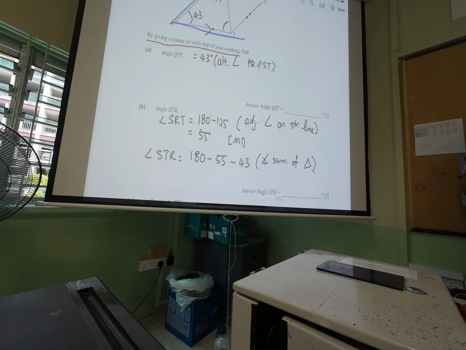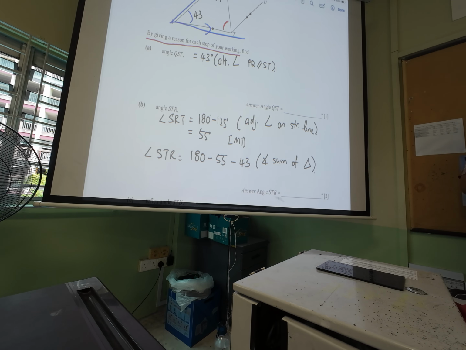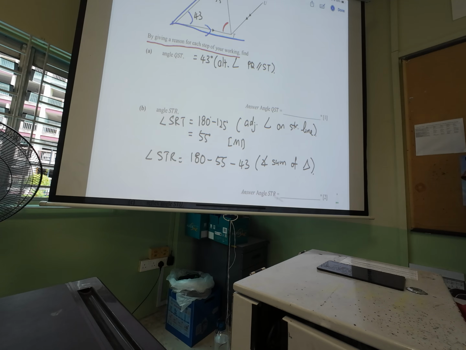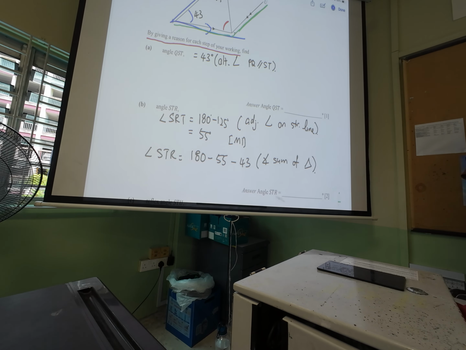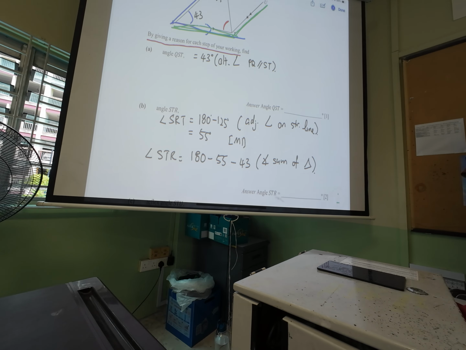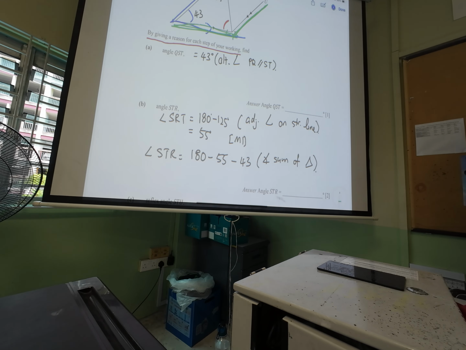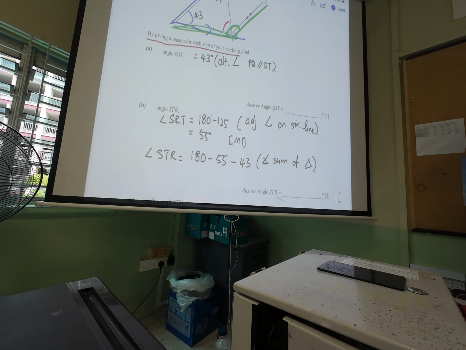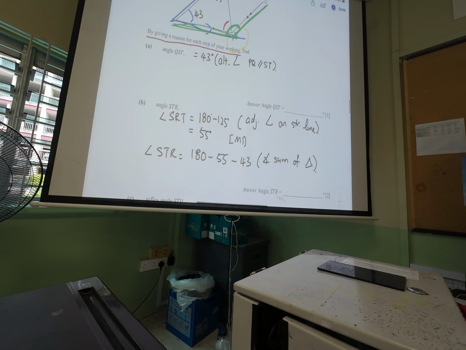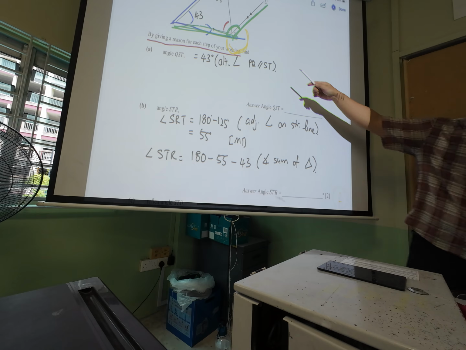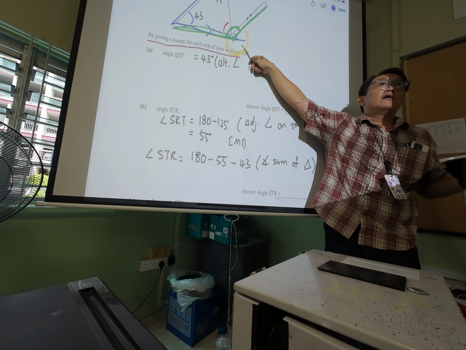Then finally, reflex angle STU. Okay, STU. So if we go to our diagram, STU, there is this green color angle, but there is also the big one outside, the yellow color one.